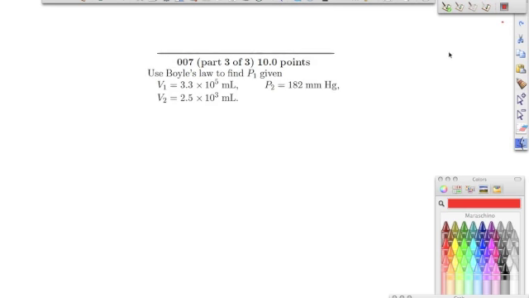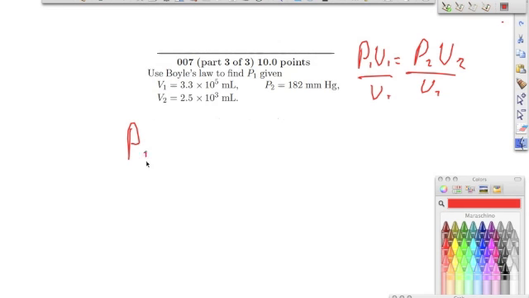Okay, number 7, it says use Boyle's law to find P1, and it gives us all of this. So remember our equation, P1V1 equals P2V2, and if we're solving for P1, we'll divide both sides by V1, and so we get P1 equals P2V2 all over V1. Main thing here is just making sure we keep everything in the right order.